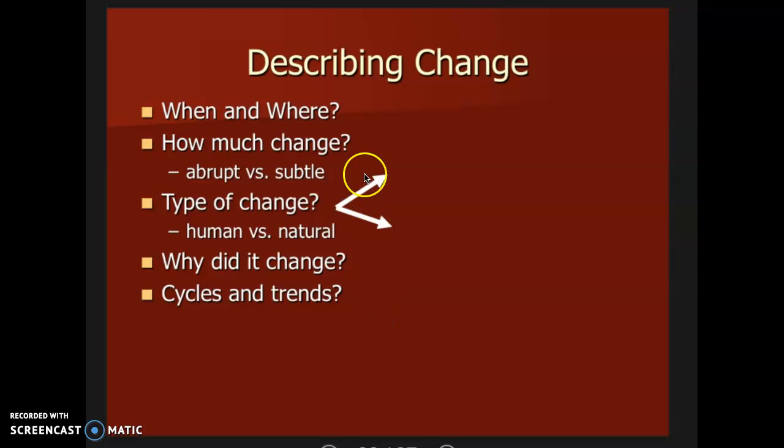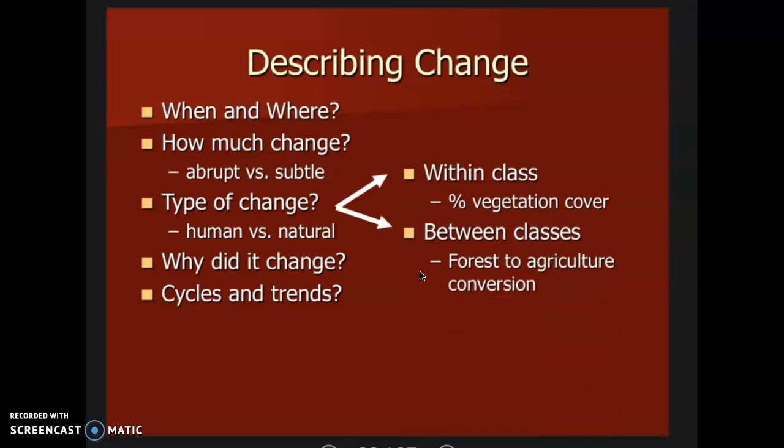Now, within type of change, what we're going to do is connect land use change with our land use land cover classification system. So, with type of change, is it within the same class? So, for example, you have a level 1 classification and maybe just the percent vegetation cover changed.